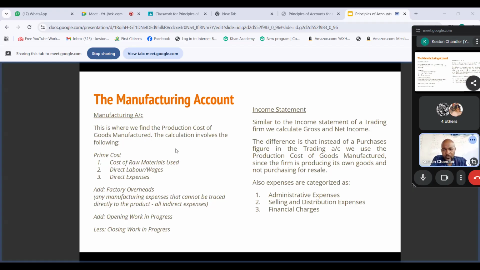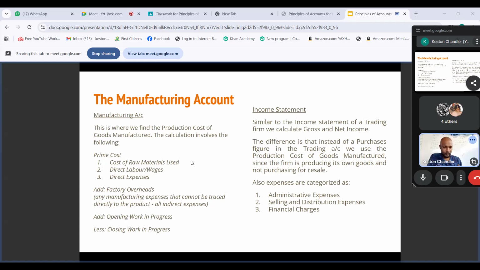Now, the calculation involves a number of things before we can get the production cost of goods manufactured. The first thing we need to calculate is what we call the prime cost, right? The prime cost is made up of the cost of the raw materials that we use, direct labor and wages, and direct expenses.